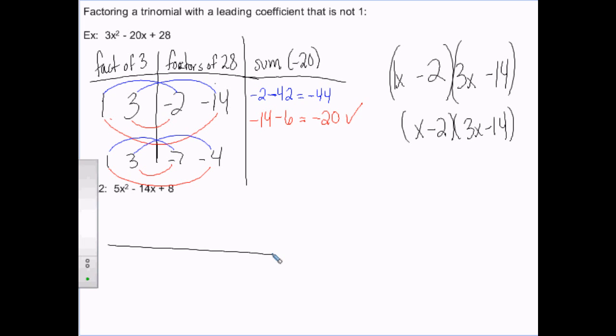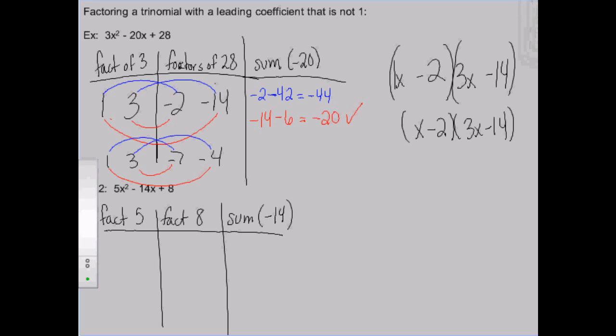Alright, so factors of 5 is only 1 and 5. That's my only possibility, right? Factors of 8, I'm going to try 1 and 8.